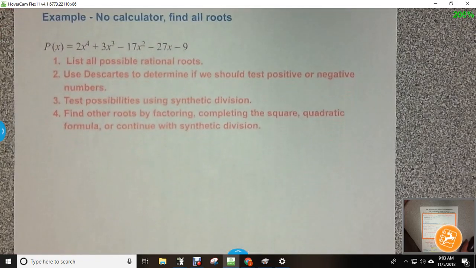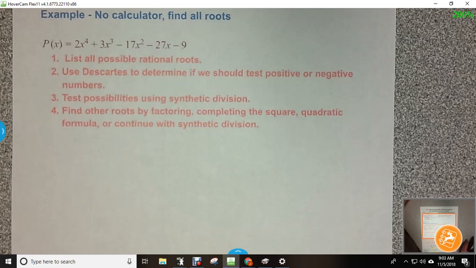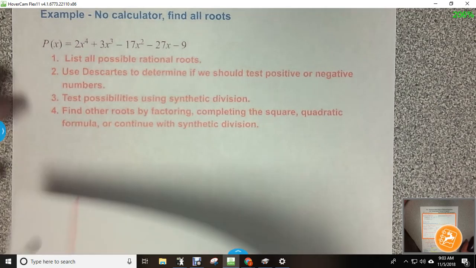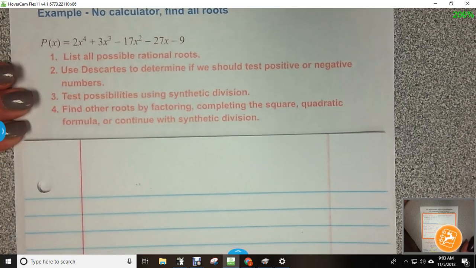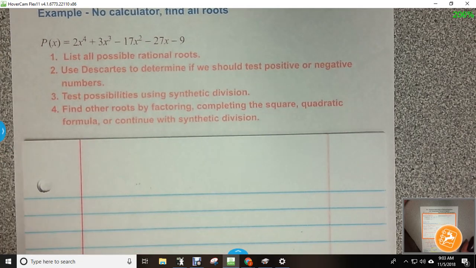Okay, so here's the problem we're going to do. I've listed the steps for you, and then I'm going to write on notebook paper just because when there's this much work, I do better on lined paper. I keep it a little bit more organized, and I think it'll help you see it better. So let me get my problem copied.